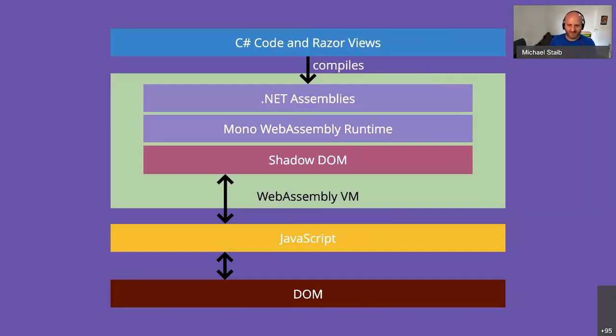There's no native access to your computer. And actually, these WebAssembly applications are not even allowed to update the DOM directly. There is talk in the standards group about enabling that, but at the moment, a WebAssembly VM cannot update the DOM of the browser.